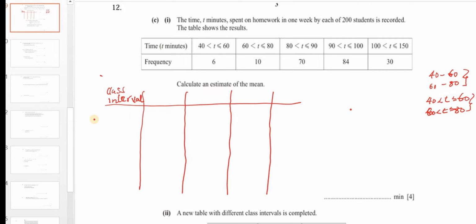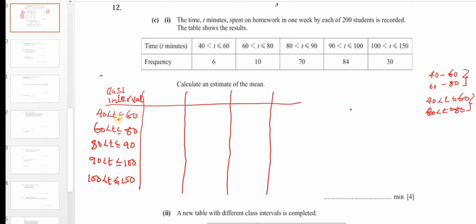Like I said, it's presented using inequality: 40 less than t less than or equal to 60, 60 less than t less than or equal to 80, 80 less than t less than or equal to 90, 90 less than t less than or equal to 100, then 100 less than t less than or equal to 150.